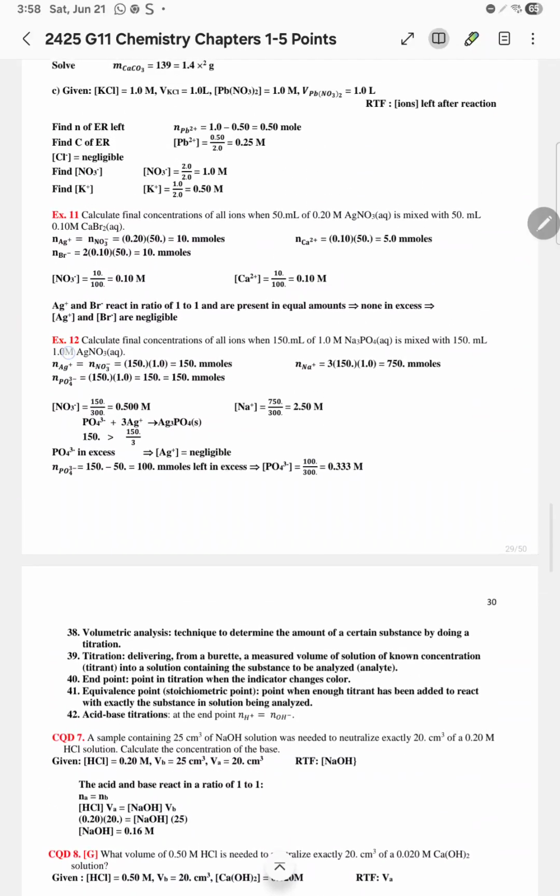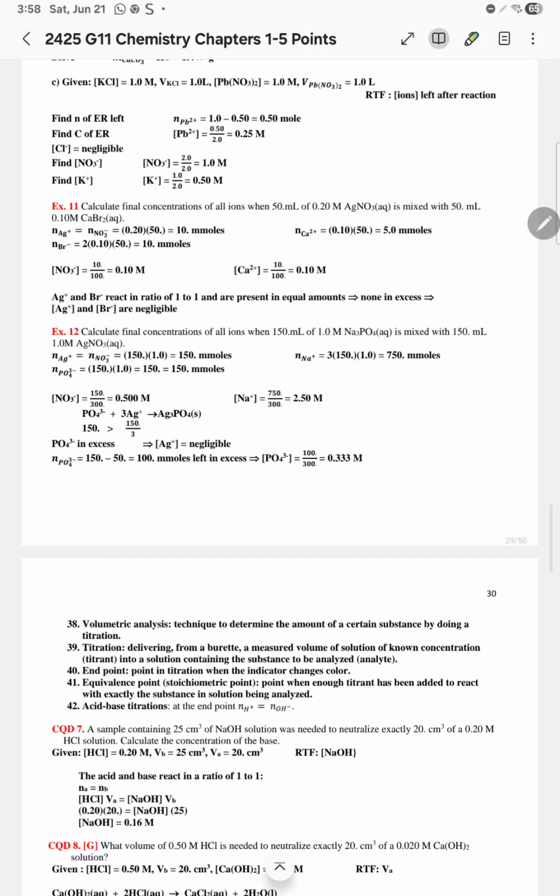Anyways, calculate the final concentration of ions when we have 50 milliliters of this much molarity AgNO3 and you mix it with 50 milliliters of this much molarity CaBr2. You need to find the moles of both.